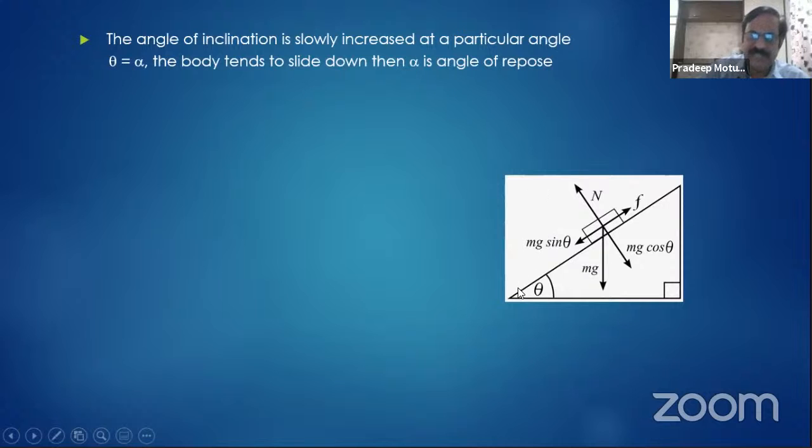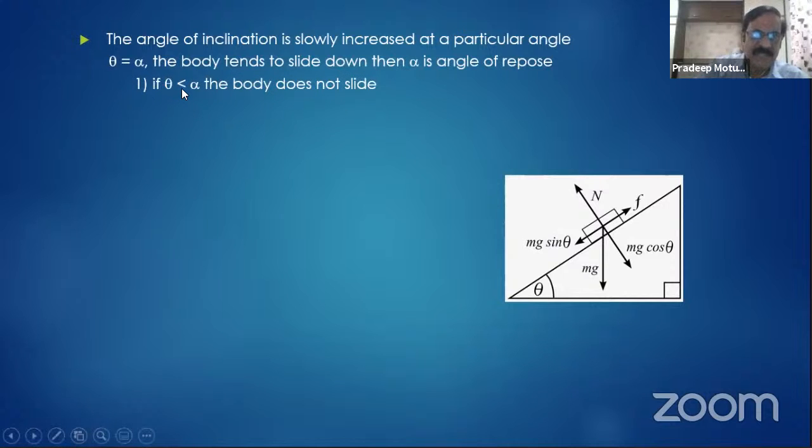Up to that time the body is stationary. Whenever you increase the angle of inclination, at a particular angle theta equal to alpha, the body tends to move on the surface of the inclination. Just have a look.